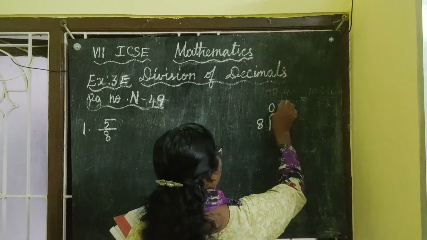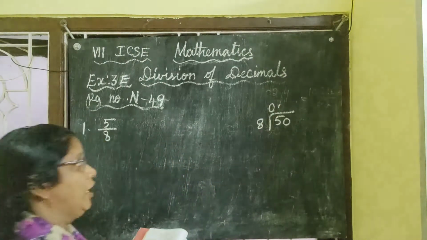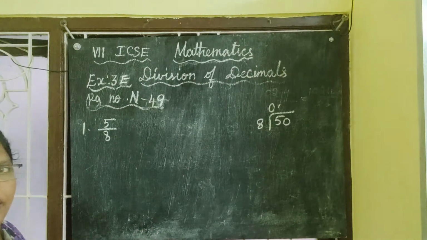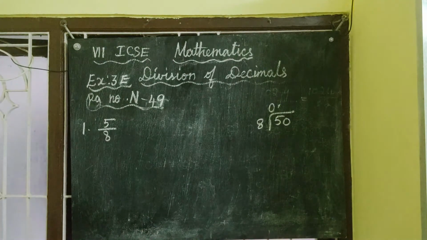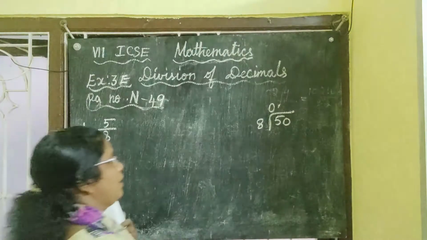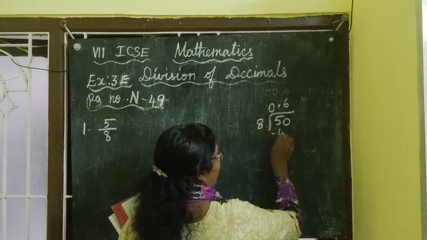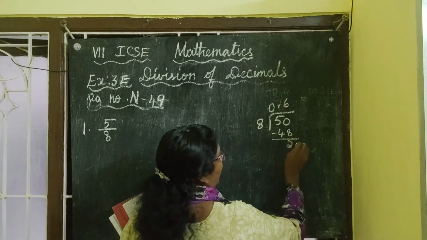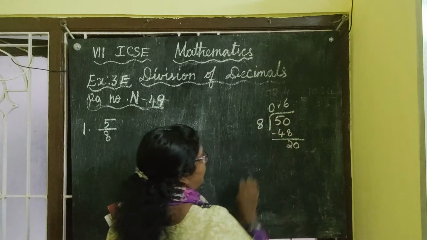I don't have any whole number, so put 0. In 50, how many 8s are there? 8 5s are 40, 8 6s are 48. So remainder 2. Add one more 0 because we have kept the decimal here.